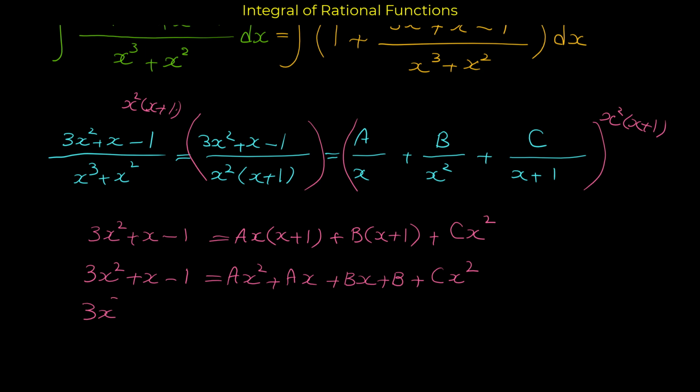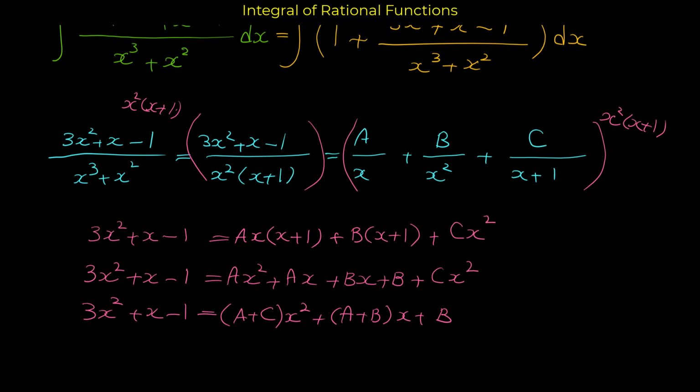If we factor similar terms in the right side, attention, this Ax² and Cx², we can factor x², and then we have (A + C) times x². Then we have (A + B) times x and B at the end. The reason that we do this is that we want to compare the coefficients of x², x, and the constant with the other side. So we have to do this.